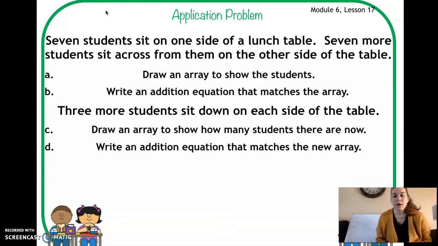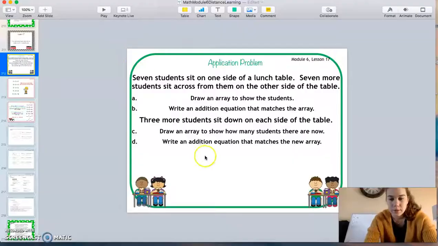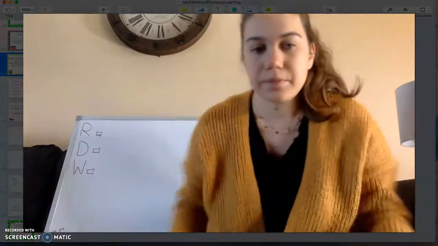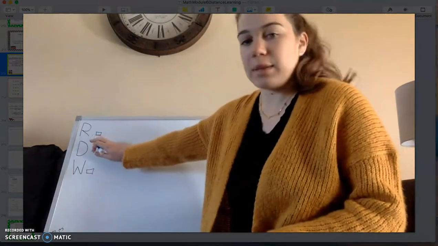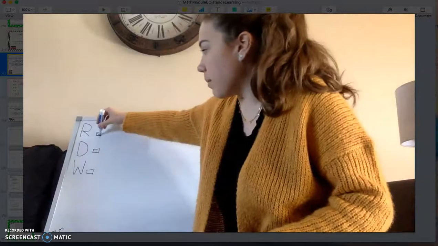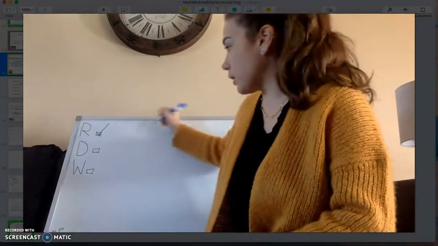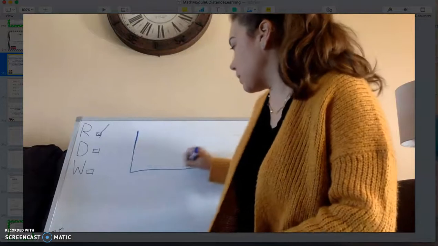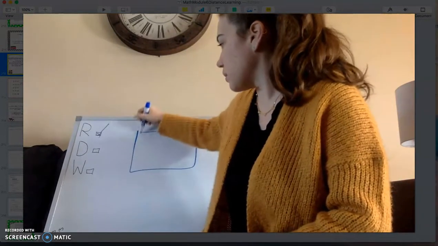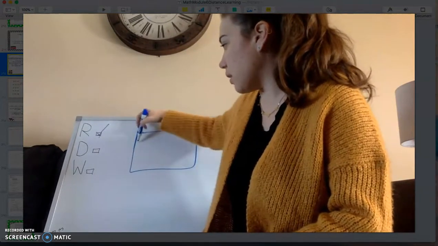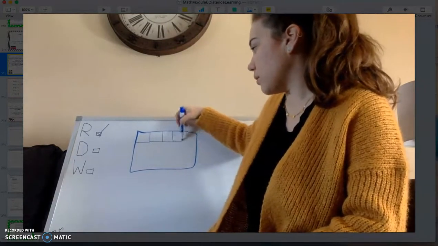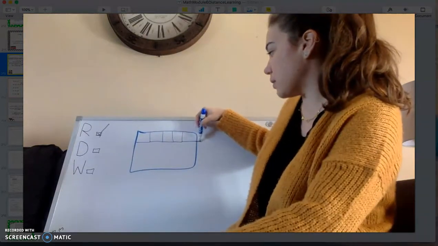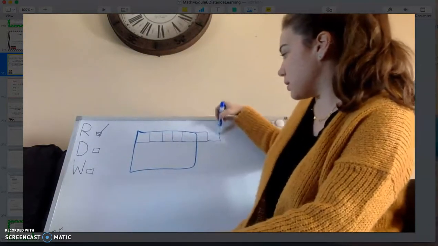So we're going to start with Part A, where there's 7 students on each side of the table. So let me zoom out so you can see my board. I have my checklist already up here, and we've read our problem. So now I'm going to draw my picture. So here's our lunch table. And on this side, there are 1, 2, 3, 4, 5, 6, 7 kids.